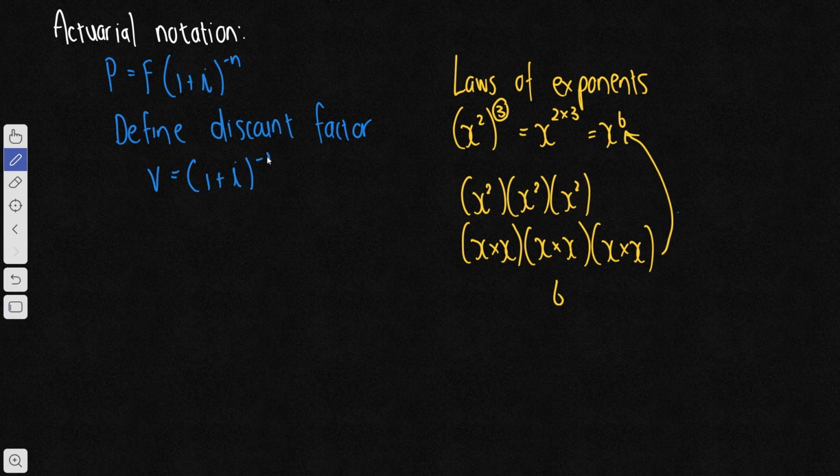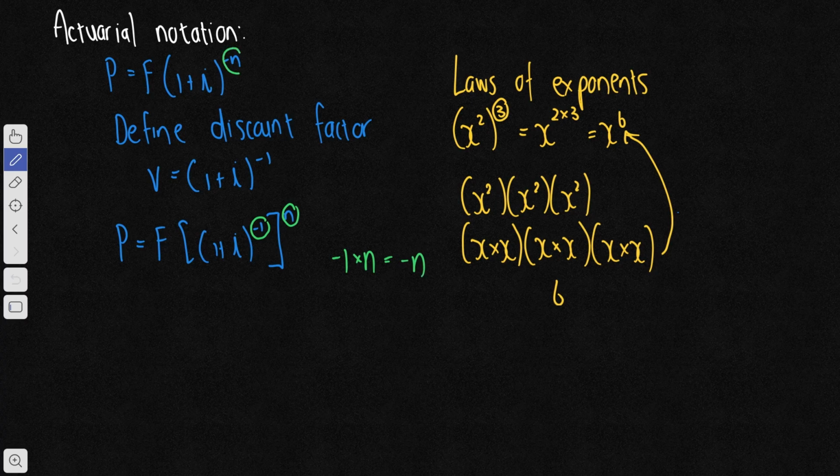Now, using the laws of exponents, we can see that we can rewrite the equation for present value as F times [1 plus i to the negative 1] to the power n. You can see that if we multiply the inner exponent by the outer exponent, we simply obtain minus n as a result.